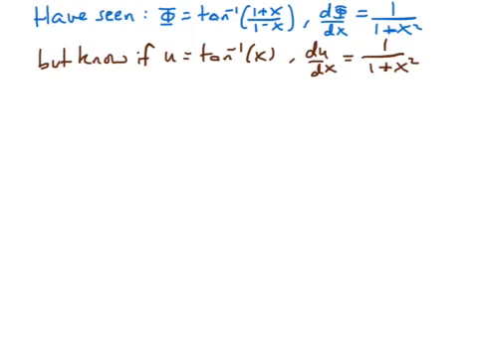So just to restate what we've seen, if phi is the arctangent of this ratio, we've shown that its derivative is 1 over 1 plus x squared. But we know the standard result that if u is the arctangent of x, then du dx is also 1 over 1 plus x squared. So if two functions have the same derivative, this generally means that the functions must be the same up to an additive constant.